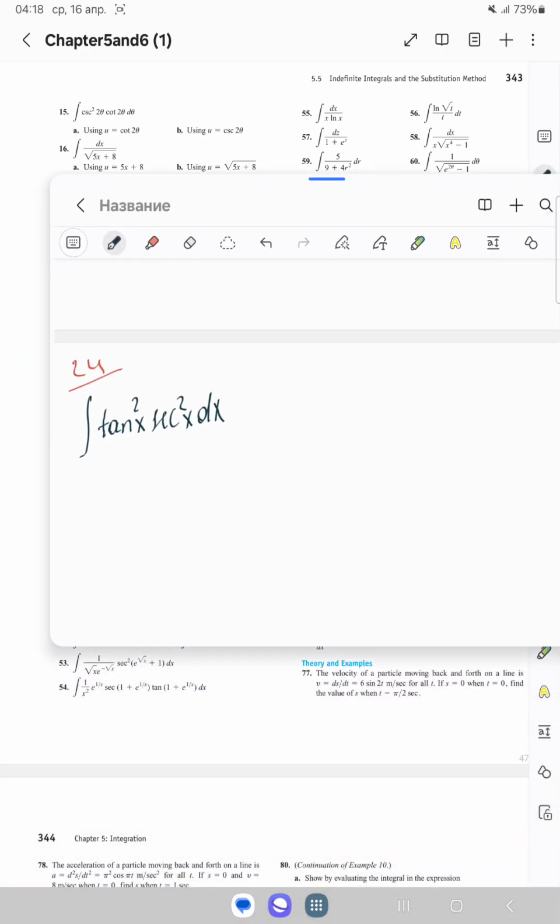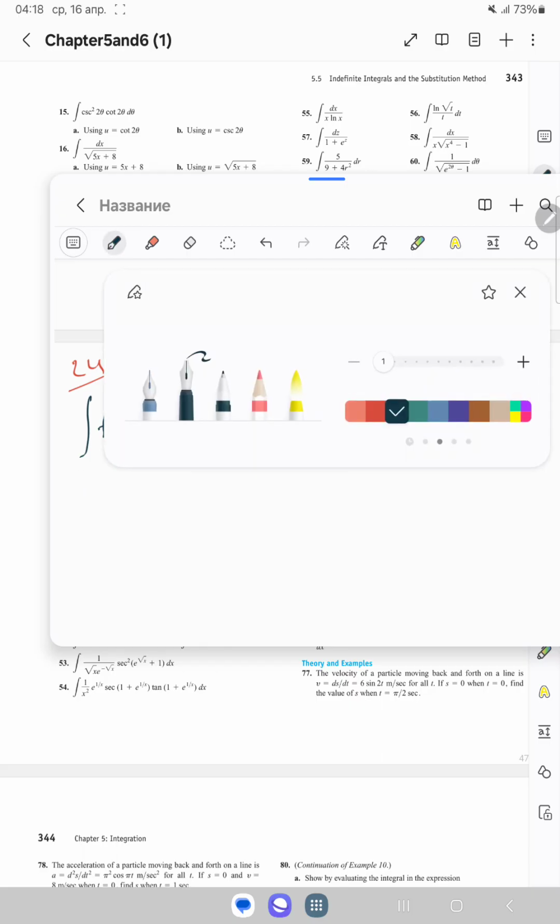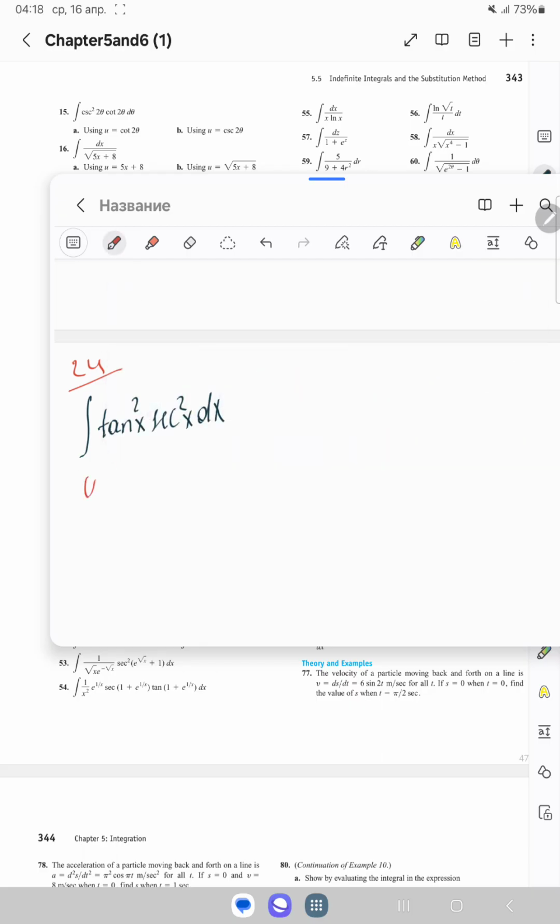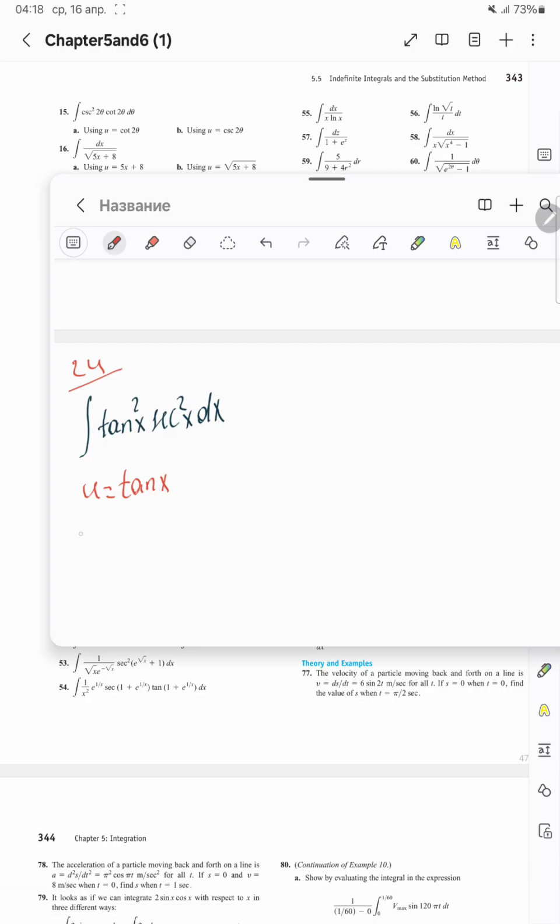It's one of the easiest integrals, because we know that the derivative of tangent is secant squared x. So we can write u equals tangent x without hesitation.